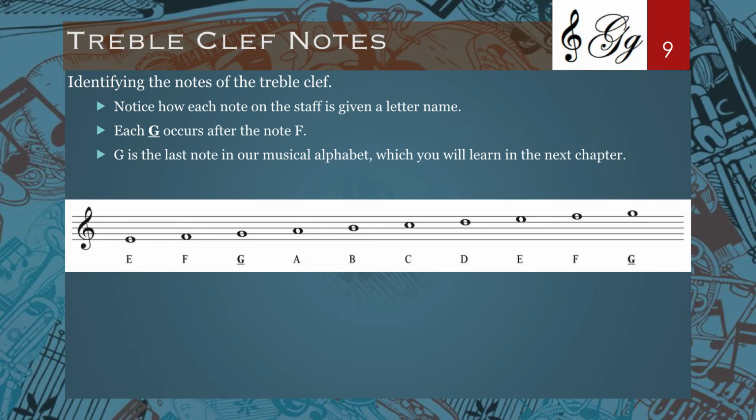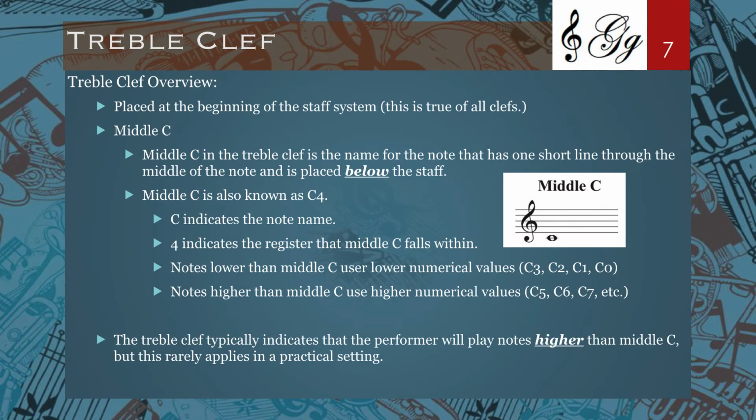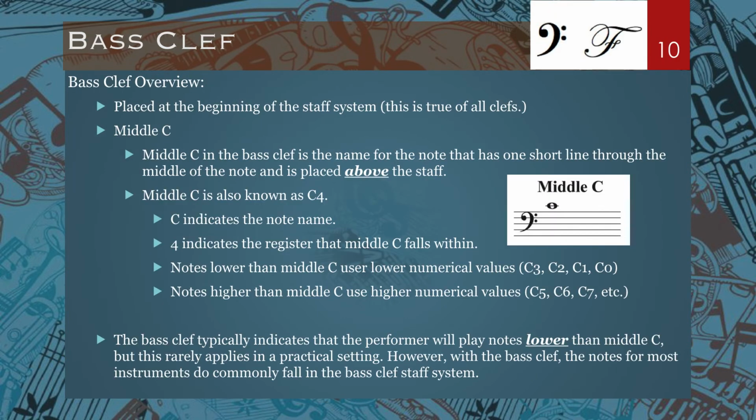However, if you don't, just know that our musical alphabet goes from A to G, and then it starts over again. So after G, we go to A, and then B, C, D, E, F, and G sitting on top of the staff. There is a way to go above or below the staff, as you've seen. Middle C is right below the staff, and you just put a line through it. That line's called a ledger line, but we'll talk a little more about that in a minute.